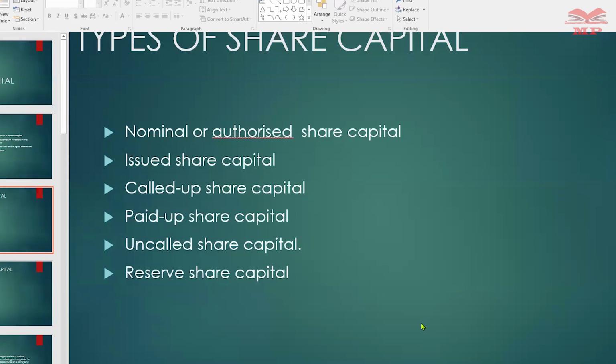We have the uncalled share capital, and this is the difference between the amount already paid up and the total nominal value of the issued shares. We have the nominal, which we have said is in the memorandum. We have the called up and we have the paid up. So what is uncalled? This is the difference between the amount paid up and the nominal, those that were authorized by the memorandum.